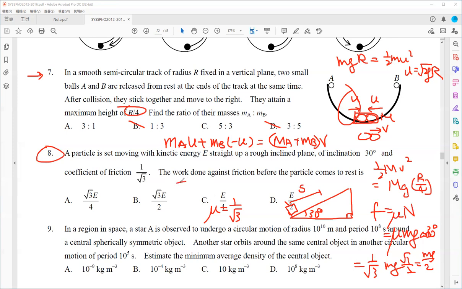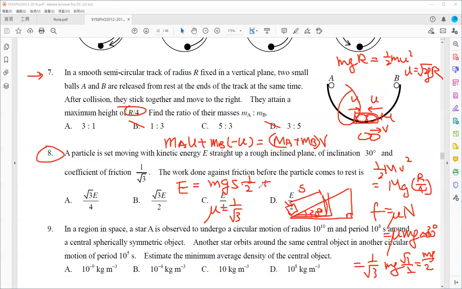Then your kinetic energy will be lost, and one part will be gained as GPE. So that is mgh, where h is s sine 30 degrees, and sine 30 degrees is one half, so that is mgs over 2.